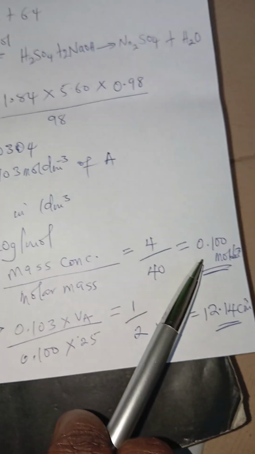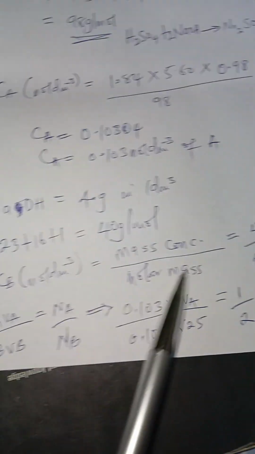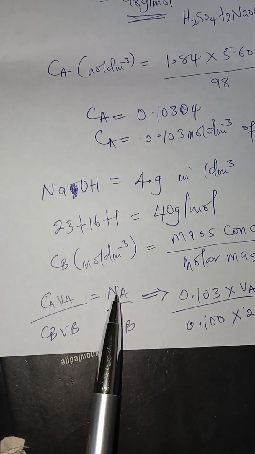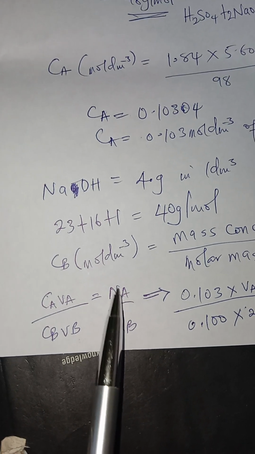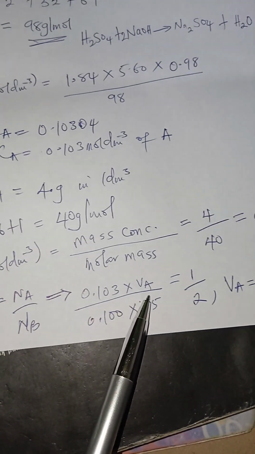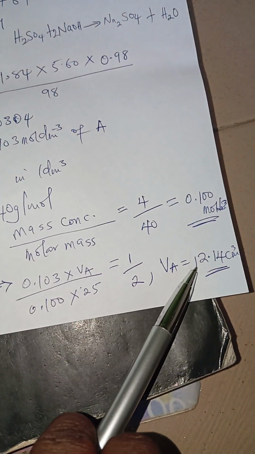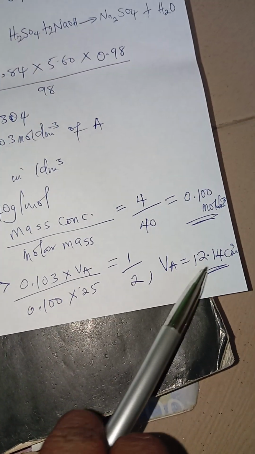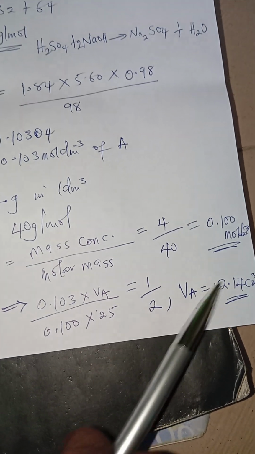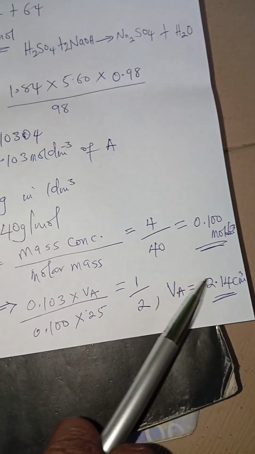When you do that, you have 0.100. Now with normal substitution, you already know that the number of moles of acid is 1 and that of base is 2. So I did my substitution and my Va becomes this. Please, this is the theoretical value. Teachers, this is a theoretical value only to guide you on the value you should be expecting when you do your live practical.